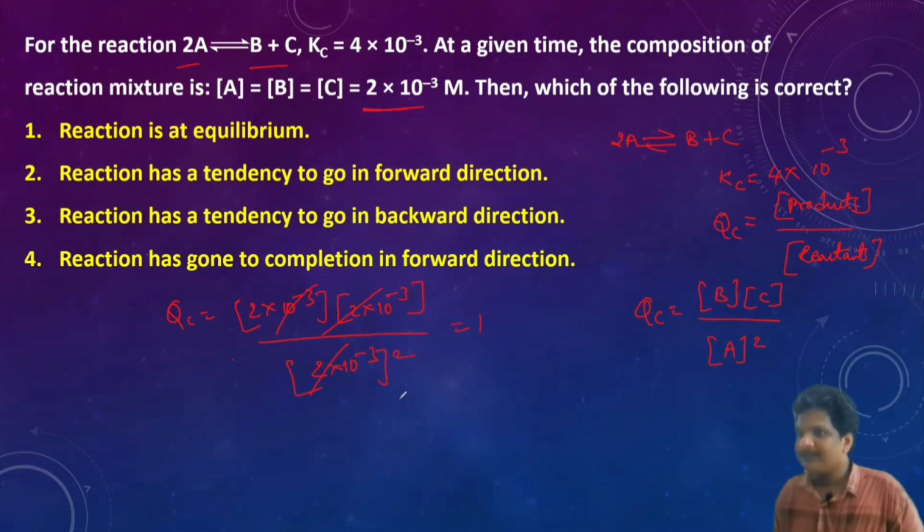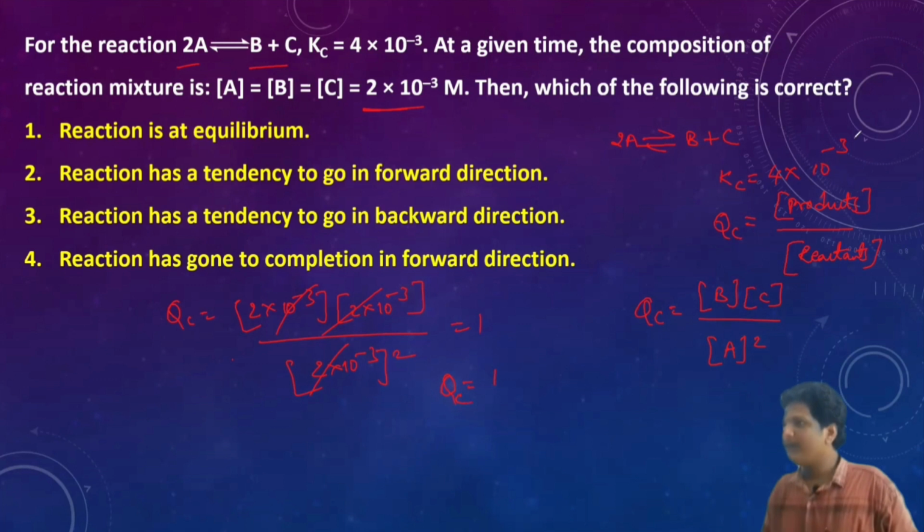So this Qc value will be 1. Here Kc is equal to 4 into 10 power minus 3, which is lesser than Qc. So Qc is greater than Kc; the reaction quotient is greater than the equilibrium constant. So this reaction will go in the backward direction.